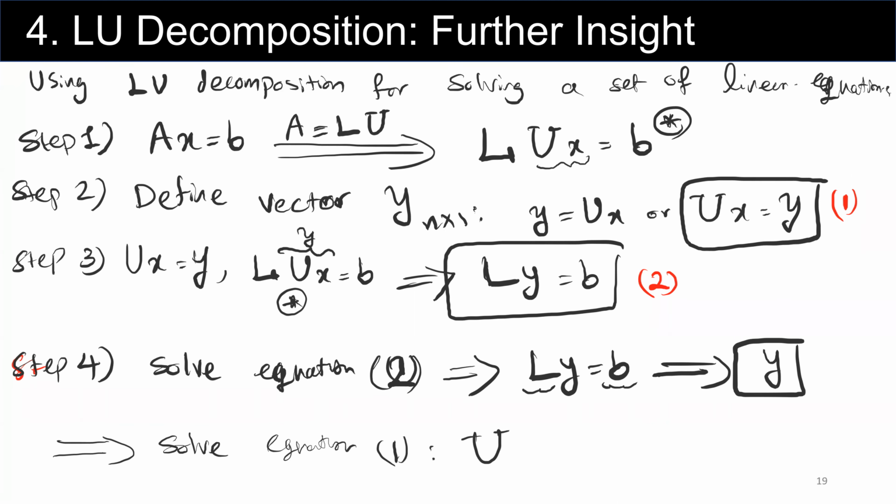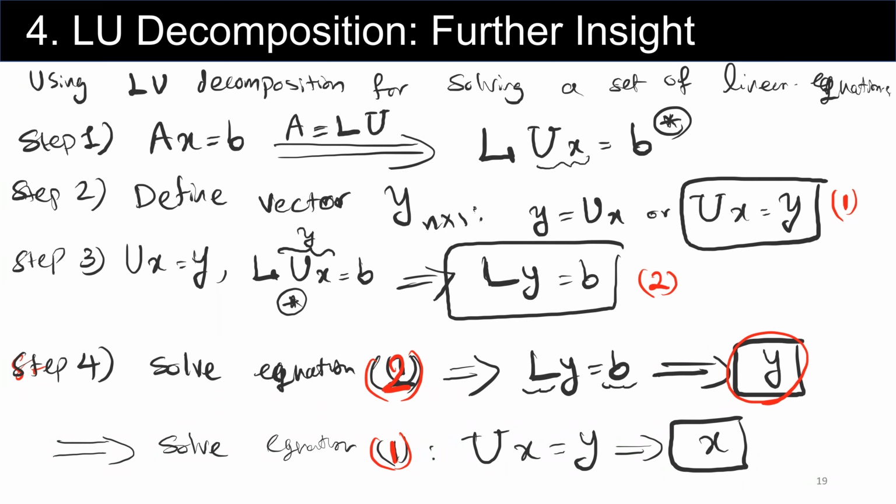So we have U multiplied by X equal to Y, and this gives us the value for X. So first solving equation 2, and then solving equation 1. The value of Y is going to be replaced here, so this is known, and this is our unknown.